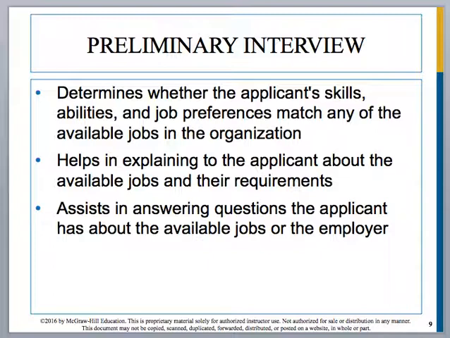It helps to explain what jobs are available, the requirements of the job, the requirements of the individual in general within the organization, and specifically as it relates to that job. It helps answer any questions that you may have about that particular job or any other jobs that we are offering, as well as any questions that you have about the company and the people that make up the company.